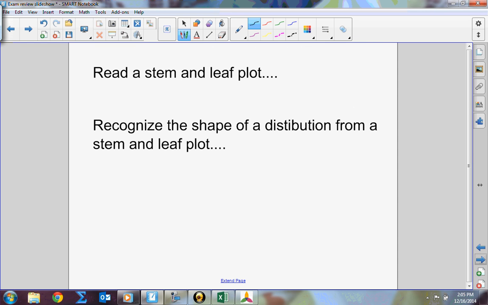Read a stem and leaf plot and recognize the shape of a distribution from the stem and leaf plot. So let's see, I'm going to make a stem and leaf plot. 0, 0, 1, 1, 2, 2, 3, 3. And then I'm just going to make up some numbers. Let's convert that to a 5.